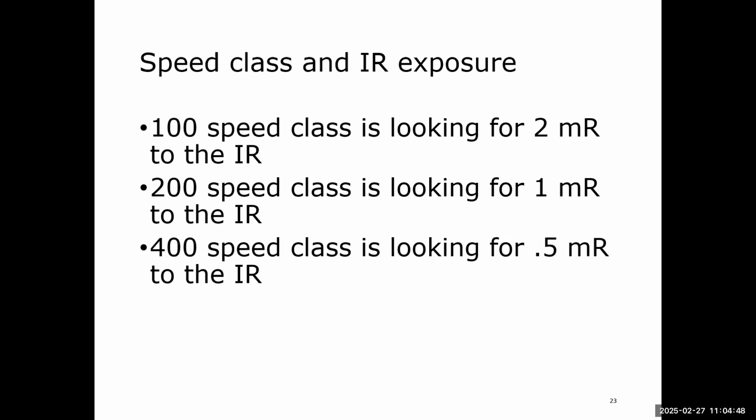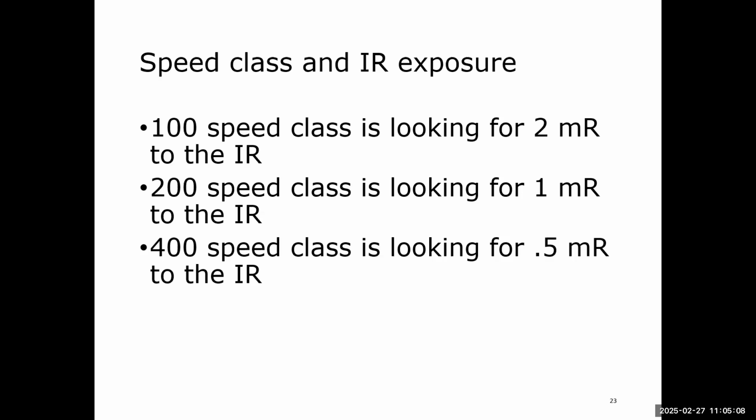So 100 speed class is generally looking for 2 MR to the IR, all right? 200 speed class is looking for 1, and a 400 speed class is looking for half. So the higher the speed class, the less radiation.